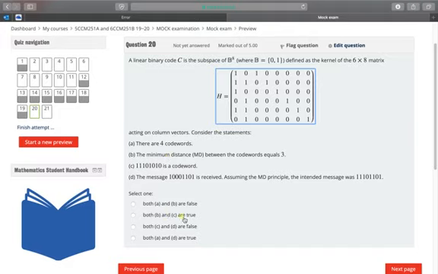B and C are both true. No, that's not correct because C was false. C and D are false, maybe. A and D are true. Well, we're stuck now. We have to look at D, unfortunately, because we've got two that could be. C was false, but we don't know what D is. A was true. So this is an instance where we do have to look at D because we did them in order, and we have to actually decide on the verity of D.